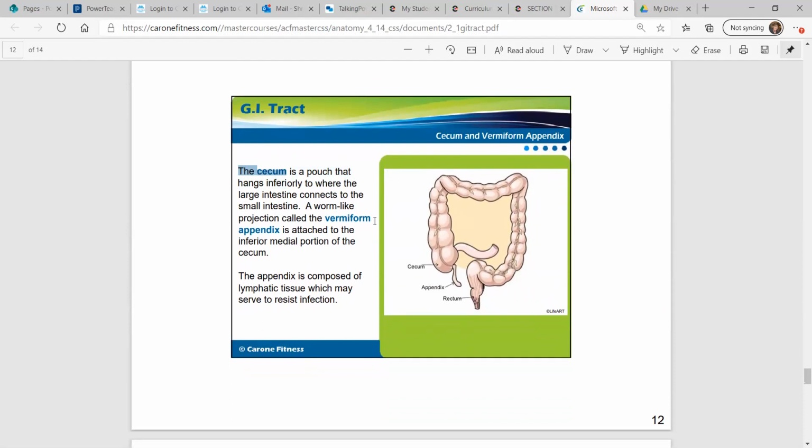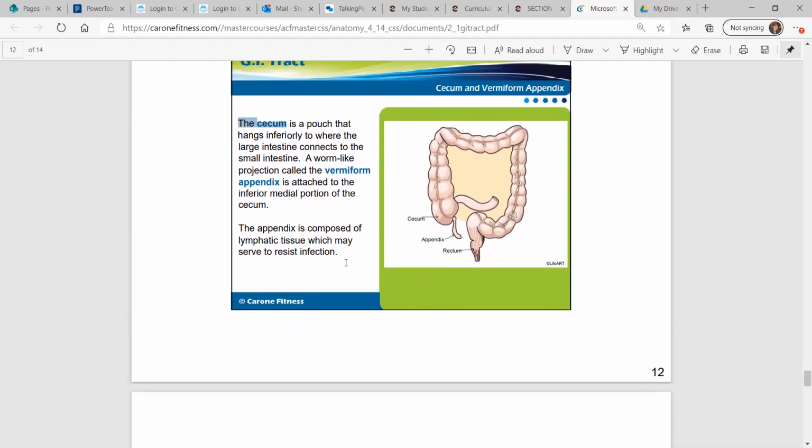A worm-like projection called the vermiform appendix is attached to the inferior medial portion of the cecum. The appendix is composed of lymphatic tissue, which may serve to resist infection.